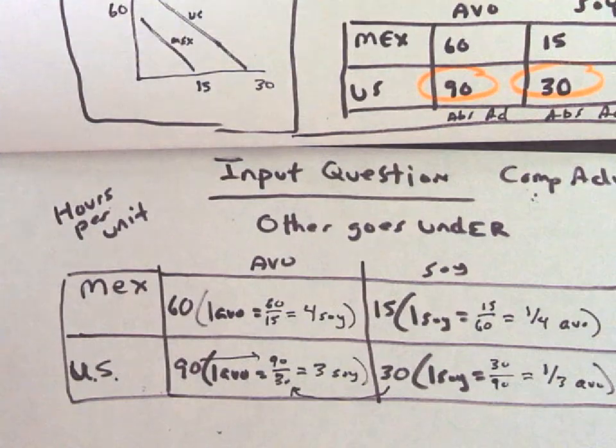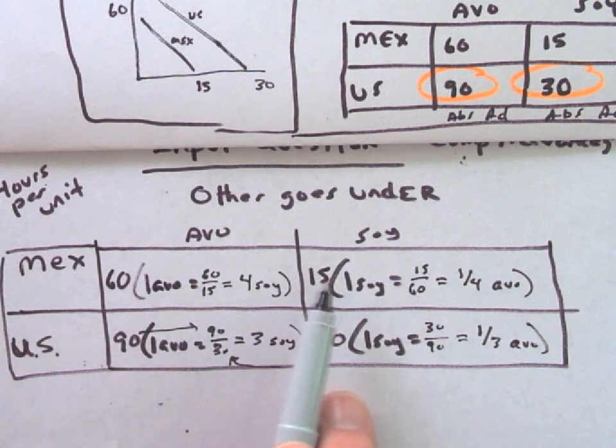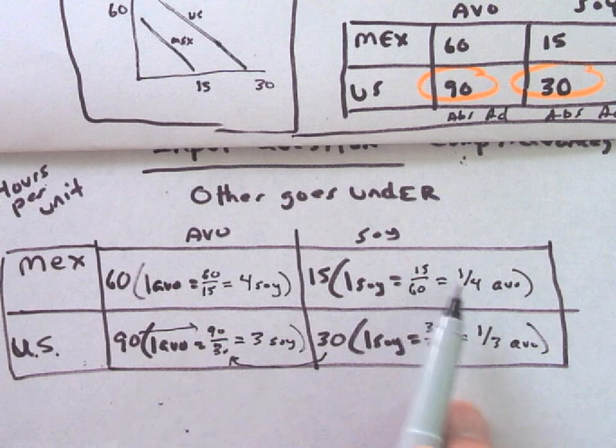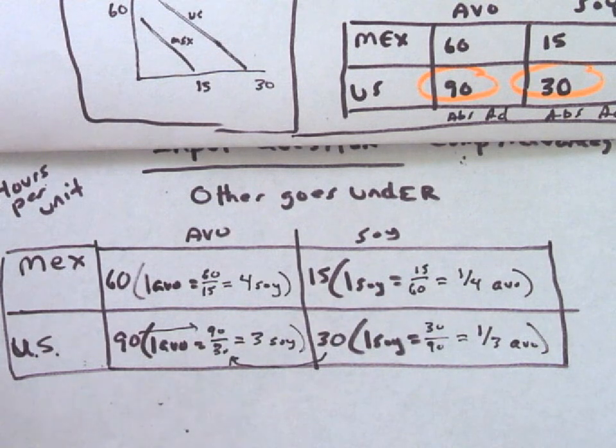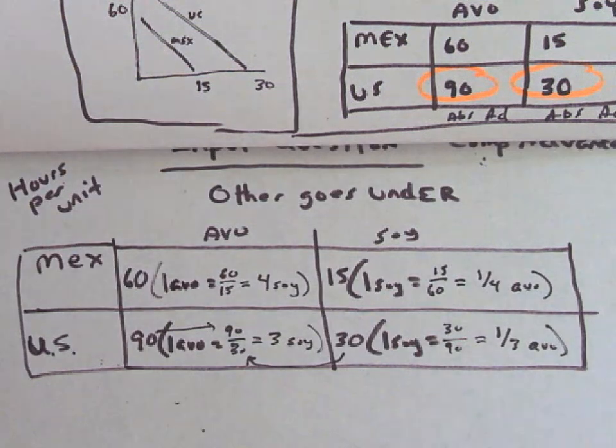Let me zoom in, give you a chance to pause and look at it. So other goes under. So I can see that the 60 had the 15 go under, and basically we use the reciprocal on each side, and we're going to do the same thing. We're going to see who it takes fewer hours per unit to be more efficient and therefore gain comparative advantage.